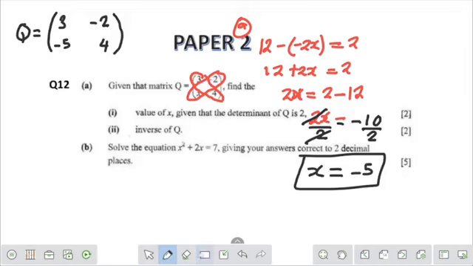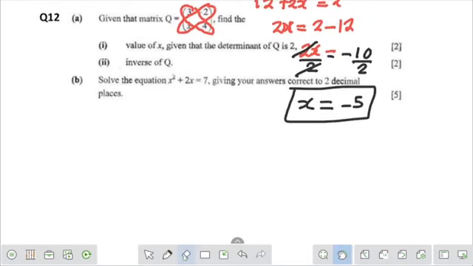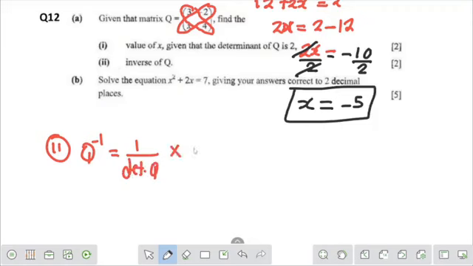So this one, it's very simple. Okay, so we are going to find the inverse of matrix Q. Let's see how we can answer it. Q inverse is equal to, so this is the formula, 1 over the determinant of matrix Q times the adjoint of matrix Q. So you need to know this formula, okay?